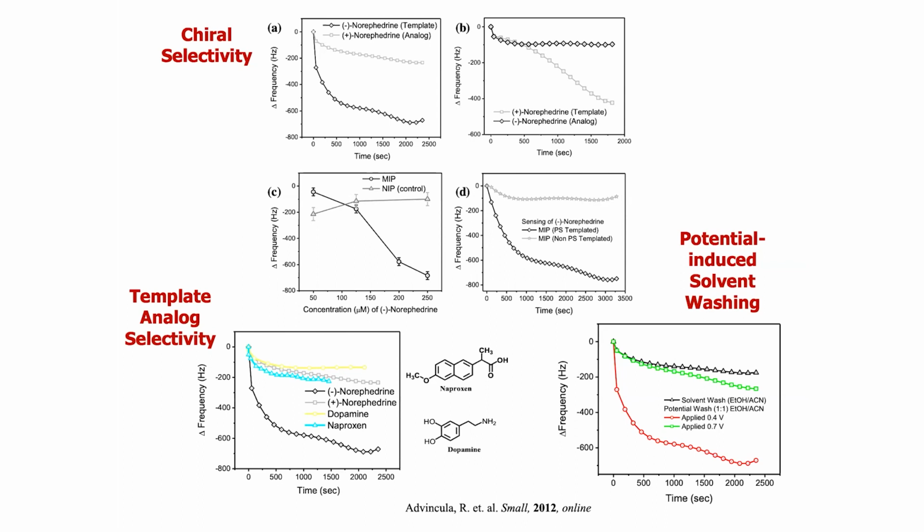On the other hand, if we reverse the role, then we observe the same strong effect of differentiation. Also, when we expose it to other drugs such as naproxen or dopamine, we get low sensitivity for those non-original templated analytes. So this paper was published indicating that chiral selectivity was easily demonstrated on templated arrays as well as MIP.